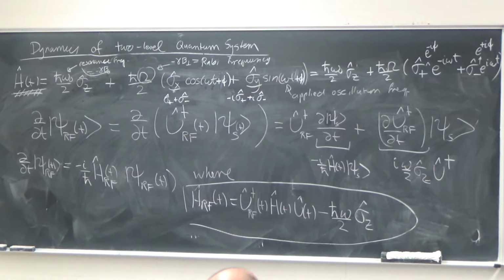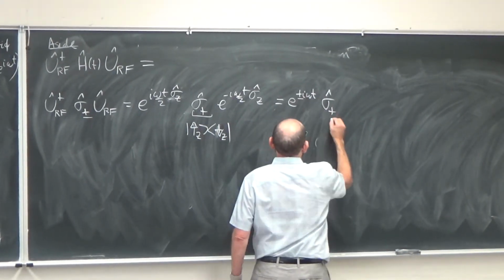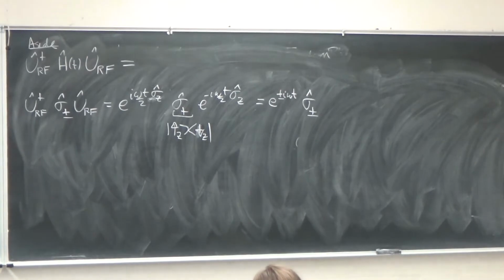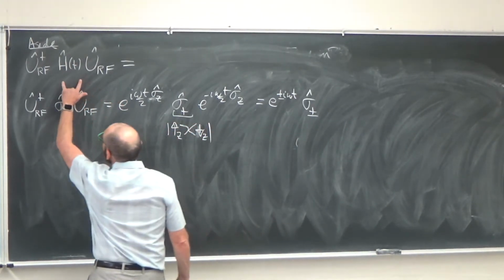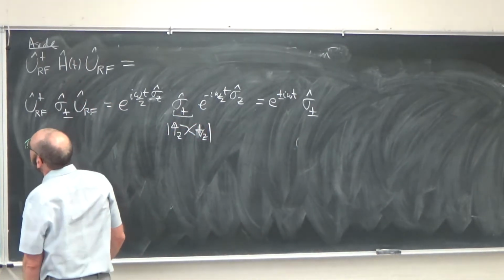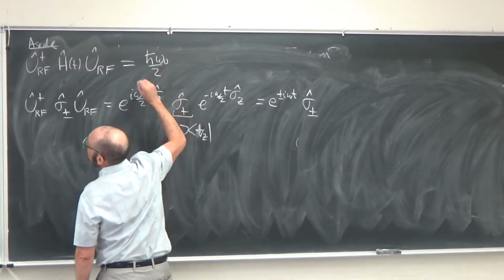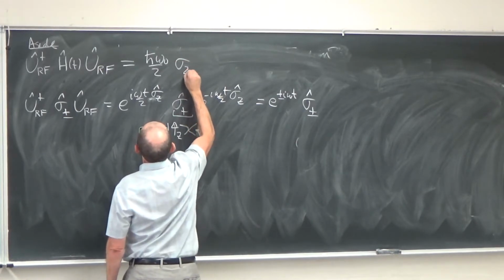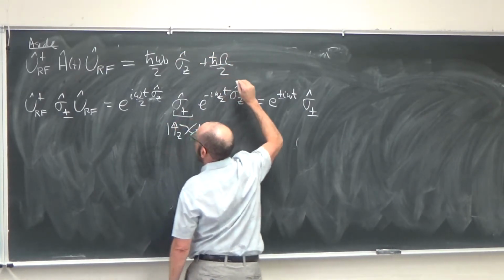And similarly, with that said, we beautifully have that the unitarily transformed Hamiltonian is equal to h bar omega naught over 2 sigma z plus h bar times the Rabi frequency over 2.